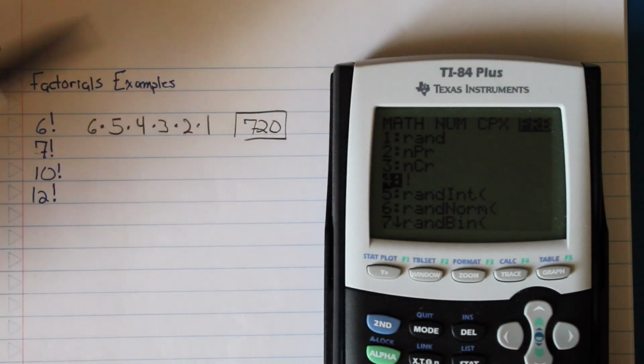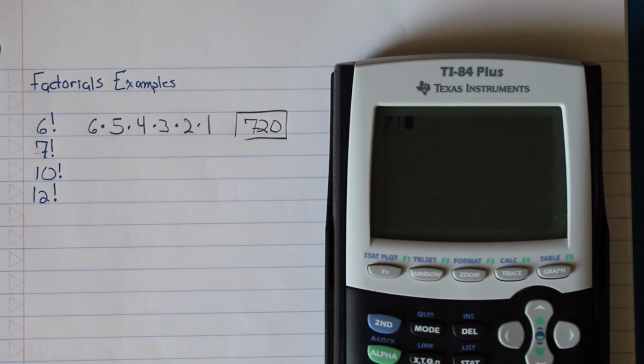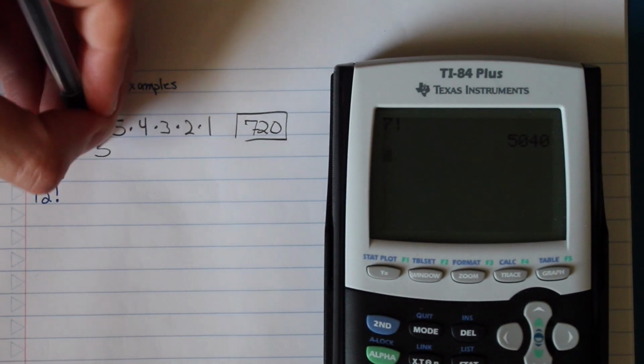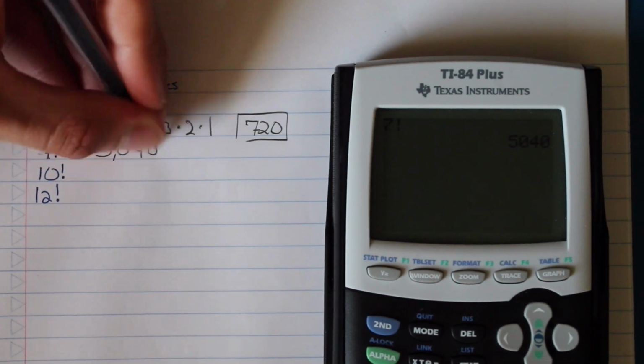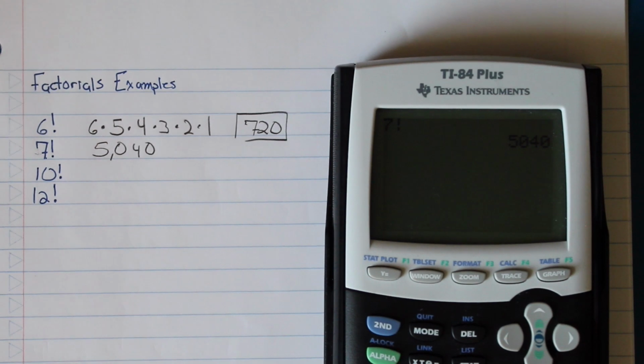As you can see, that's the little factorial symbol. I'm going to press 4, so now we have 7 factorial. Okay, so that's going to be 5,040.